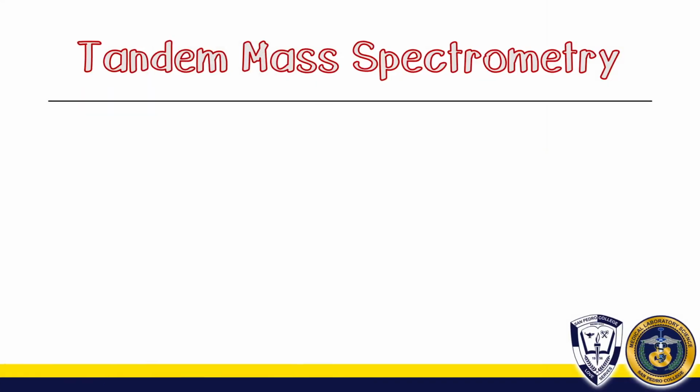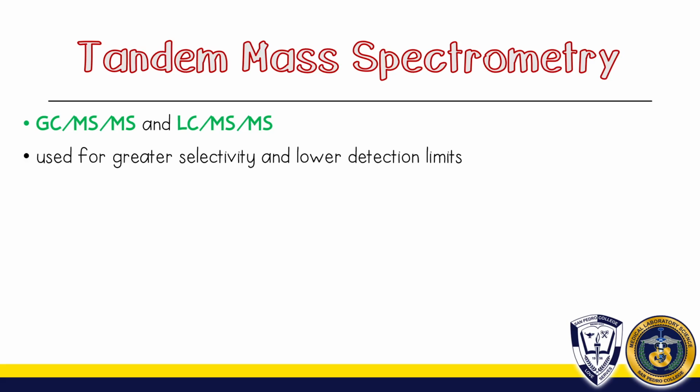Now, another type of mass spectrometry is your tandem mass spectrometry, which I think you are all familiar with, since it is commonly used during drug testing, like GCMSMS, LCMSMS. Tandem means there are two mass spectrometries present, and this tandem mass spectrometry is used for greater selectivity and lower detection limits.